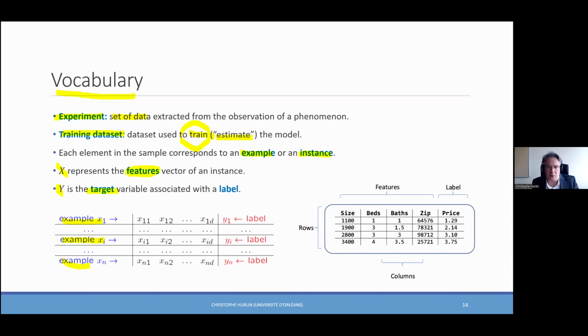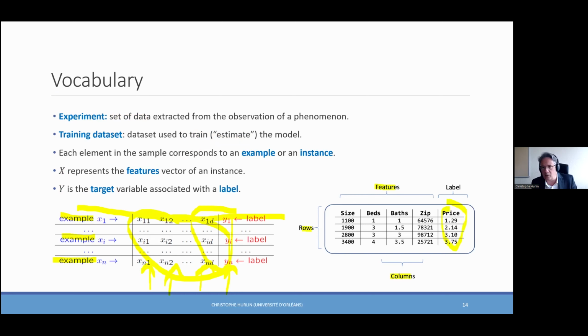So, if I summarize, in a typical data set, you have some examples, you have some features, and you have your target, Y. The features X, and each line is an instance or an example, and you have feature columns.